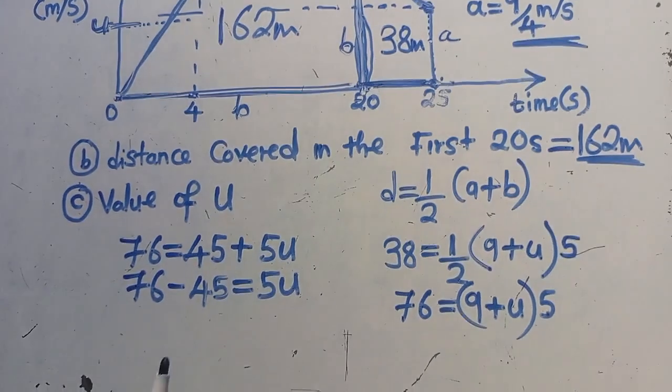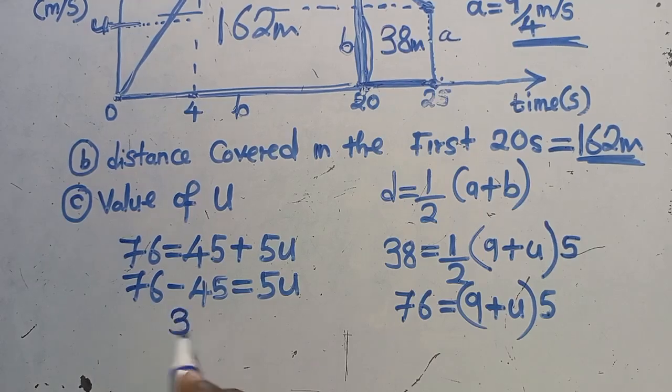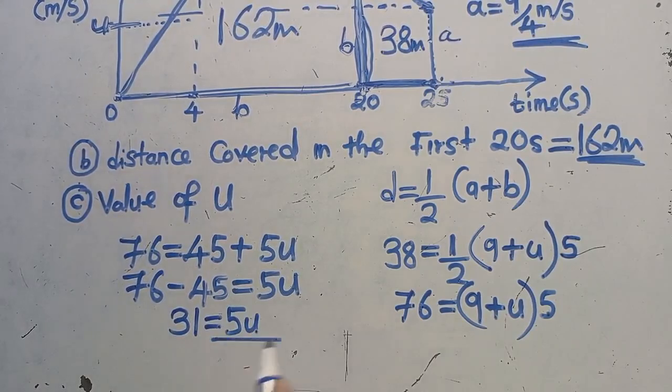The 76 that was there minus 45, what is the answer? I'm going to get 31, which is equal to 5u. I divide both sides by 5. This cancelled. So u is now equal to what?